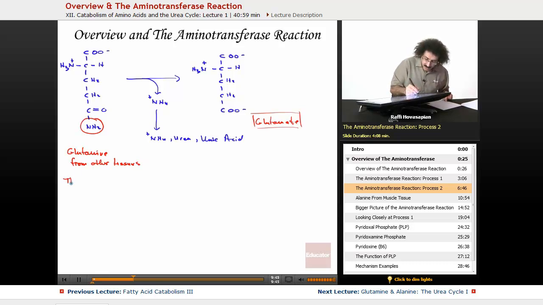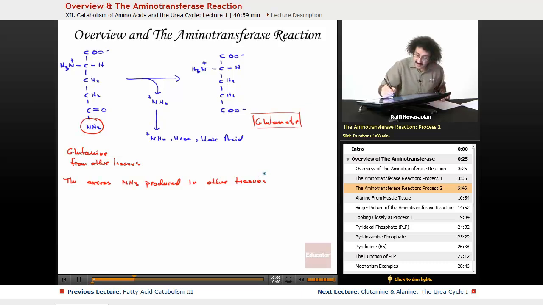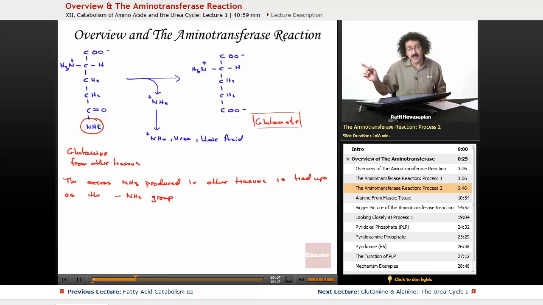Now, the excess NH3 produced in other tissues, as we just said, is tied up as the NH2 group of glutamine. So it's very, very important. It's this NH2 that is the excess ammonia from other tissues, not this.